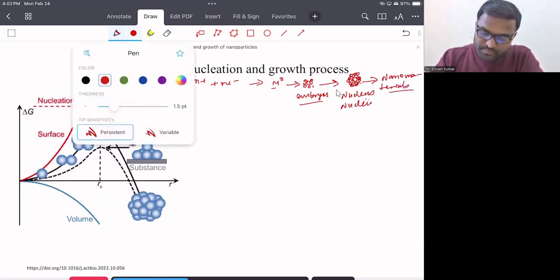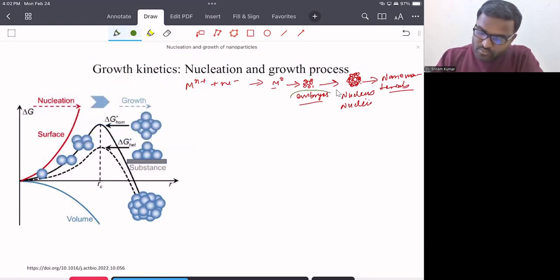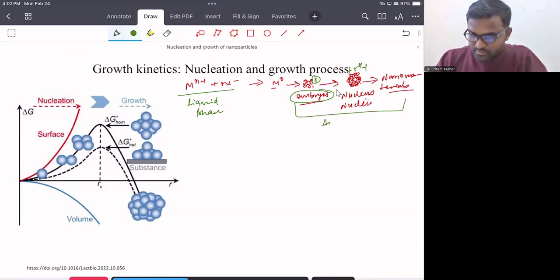So let's understand, the nuclei has a critical size, that is R star, and the embryo is the first solid particle formation. So this is in the liquid phase, and this is in the solid, right?